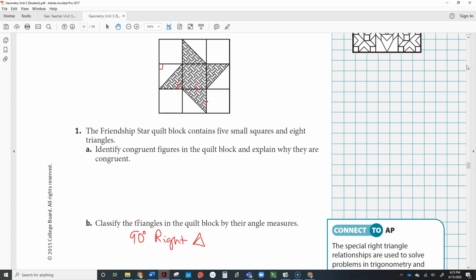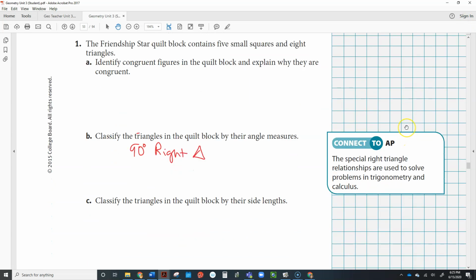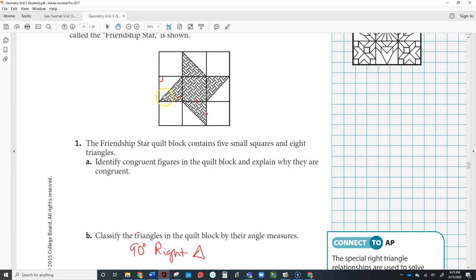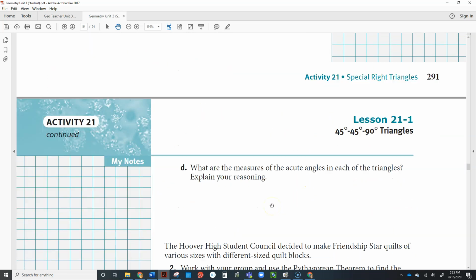So that means that these 2 sides are the same length. What do you call a triangle that has at least 2 sides that are congruent? That is an isosceles. So all of these are isosceles right triangles. All the triangles in this picture are what we call isosceles right triangles.